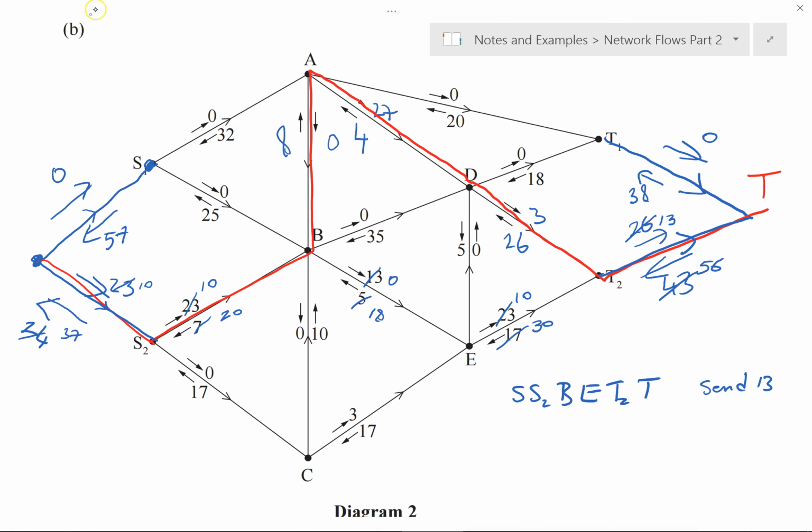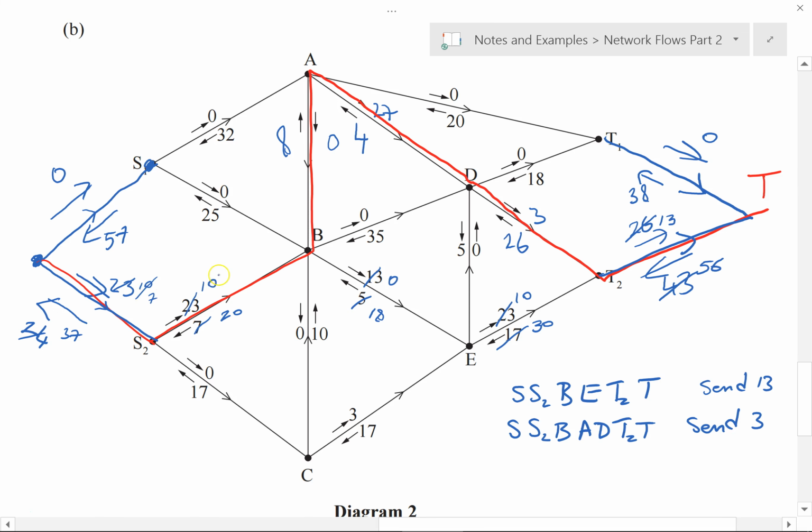Let's change to blue here. So we've got S, S2, B, A, D, T2, and T. Send 3. Okay, so we're sending 3 along there. So let's decrease the forward arrow by 3.